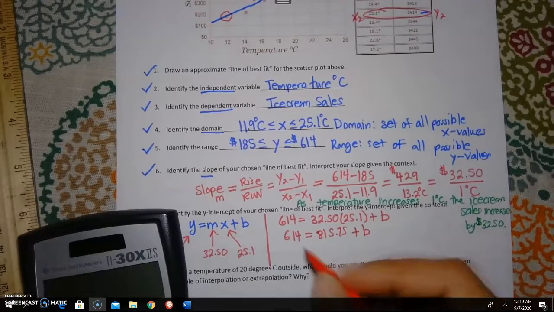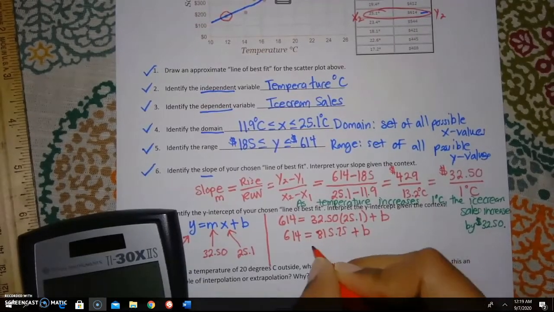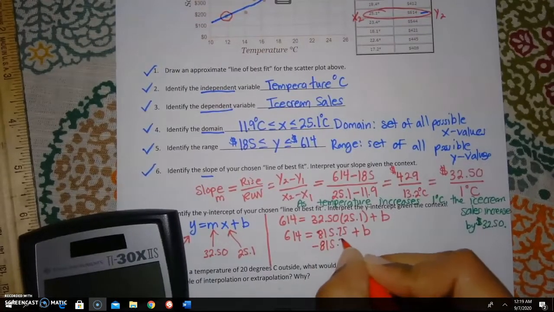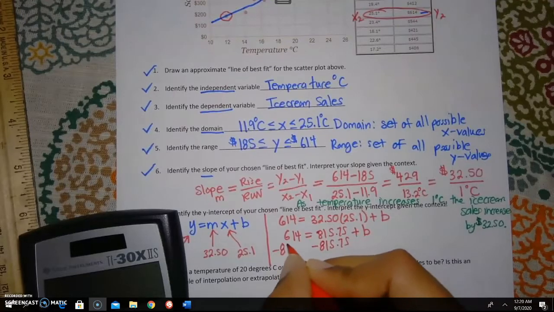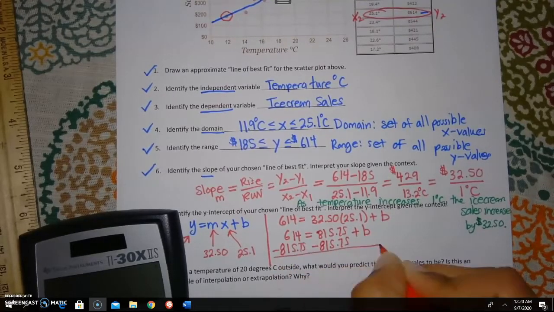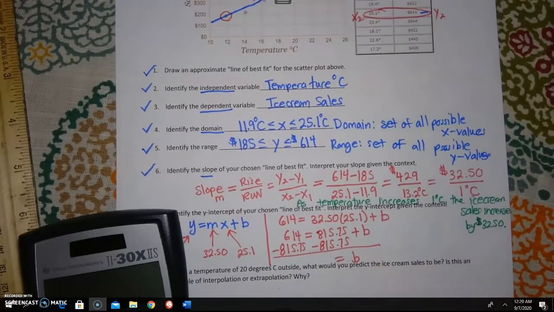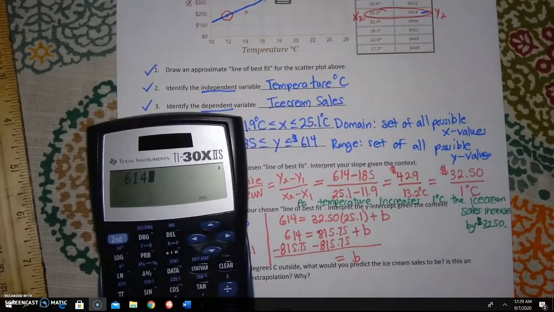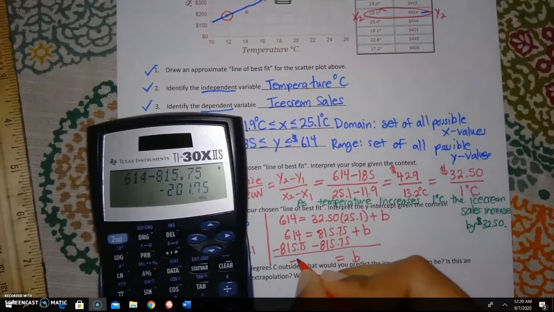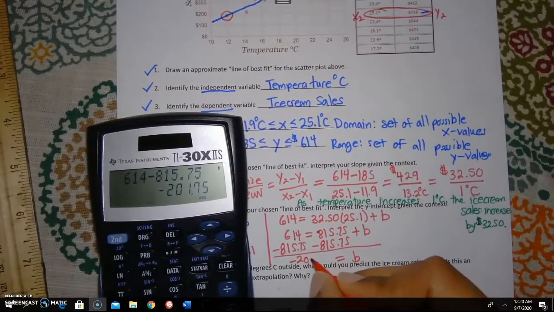I notice here that if I want to solve for b, I need to subtract that 815.75. And then I can see, if I use my calculator, that my y-intercept is about negative $201.